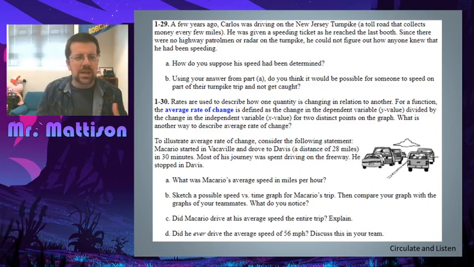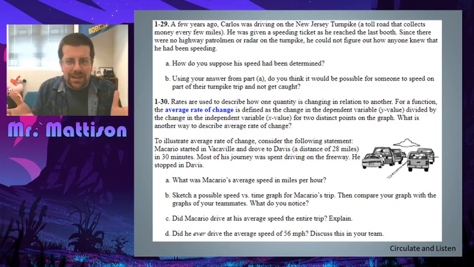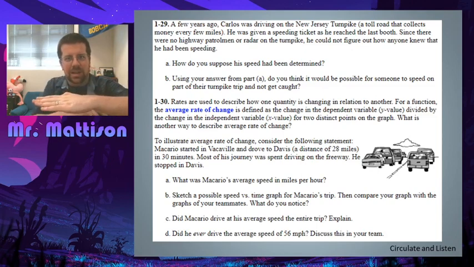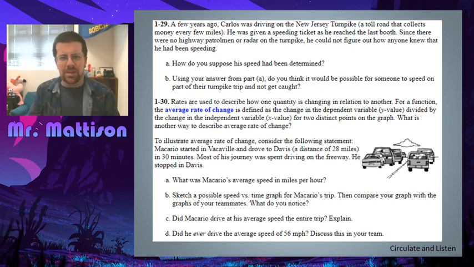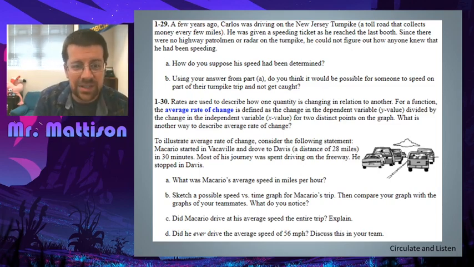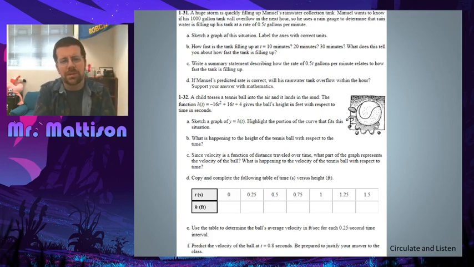That's the main thing we're trying to get across here: the average speed versus what it actually was, because in order to get that average, we have to have some of it be lower and some of it be higher. That's our main goal today. Okay, so let's take a look at problem number 31.